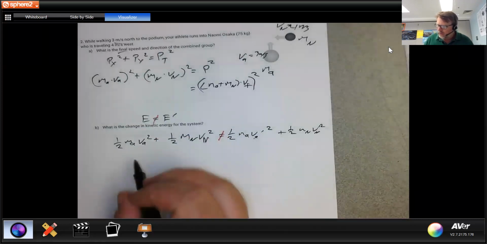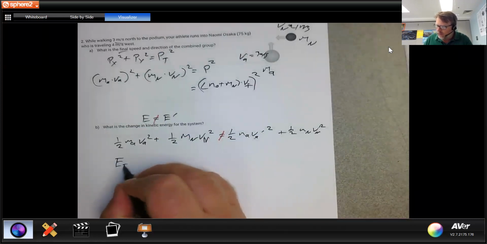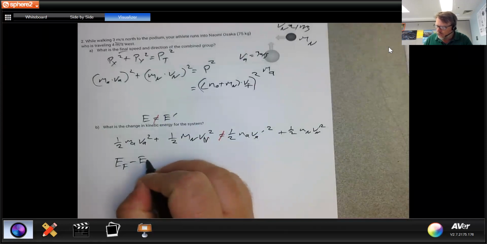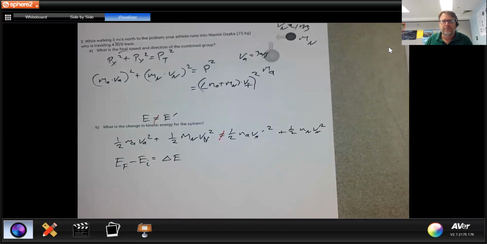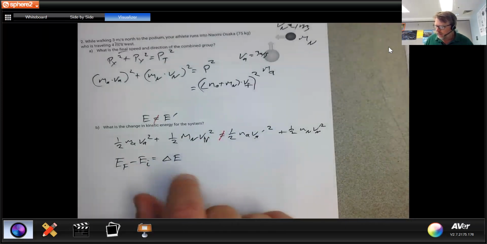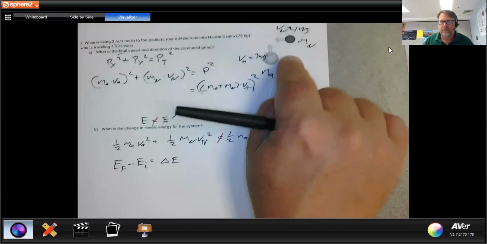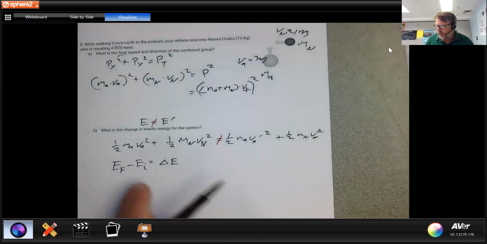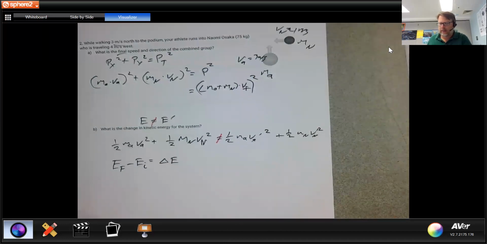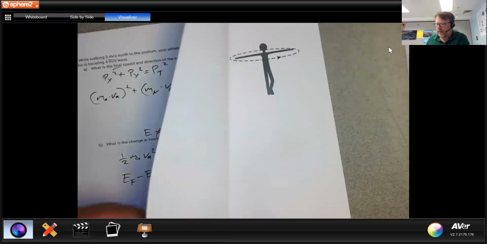What we want is E final minus E initial equals change in energy, and what we expect to see is that it's going to lose energy due to the collision. And again, mass dependence, so we're going to look at that on the spreadsheet at the end here.